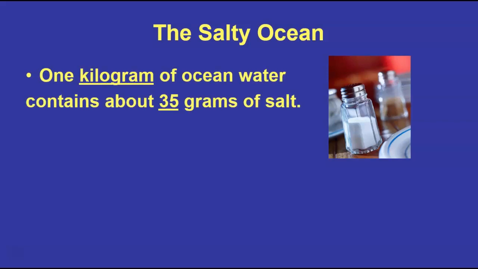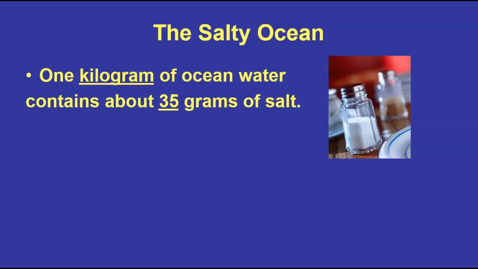So we had actually talked about this a few days ago or a couple weeks ago when we were talking about the saltiness of the Bellamy River. We also talked about the saltiness of the ocean. We found that the Bellamy was somewhere around 30 grams of salt to every kilogram of water, in other words, 30 parts per thousand.